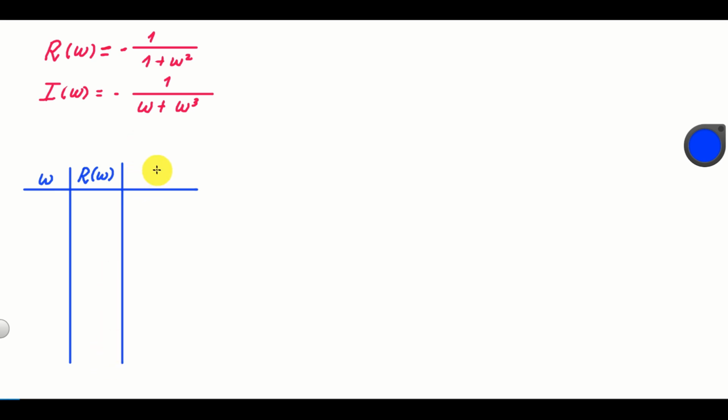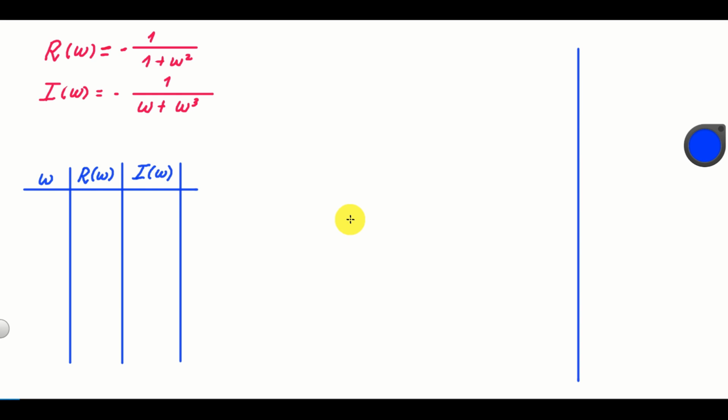And the third column of this table will contain the corresponding imaginary parts. Over here, I will construct the coordinate system and the complex plane that will contain our Nyquist plot. Here's the real part, and here's the imaginary part.